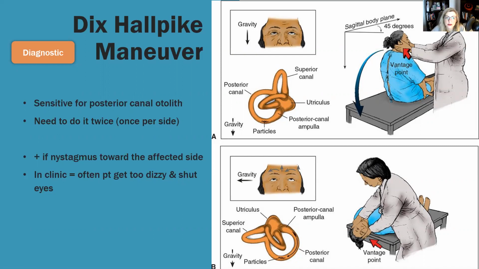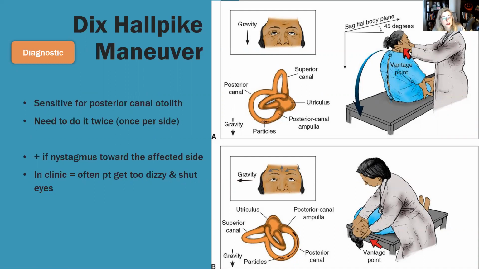You also want to tell them to keep their eyes open, because what you're looking for with a positive test is instant nystagmus when you move their head. Notice that you're going to have to do this twice, once to the left and once to the right. One side of nystagmus is going to be considerably more, and that's going to be the side that is the problem.